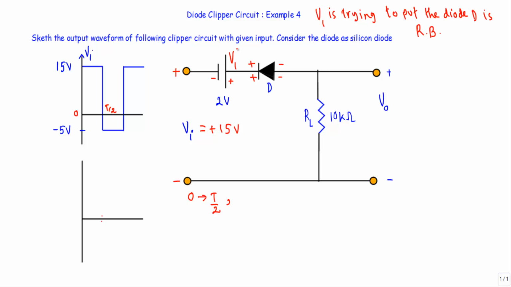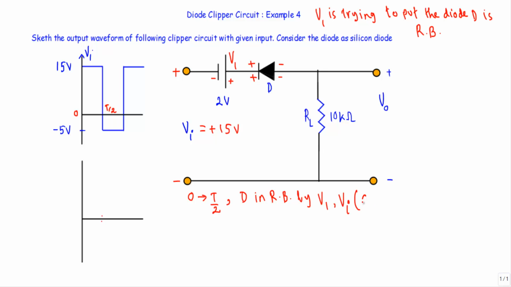That means the bias voltage V1 and the input voltage Vi put the diode D in reverse bias. So during this time interval, the diode D is in reverse bias by the bias voltage V1 and the input voltage Vi.